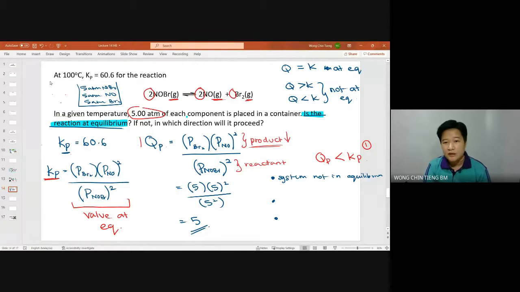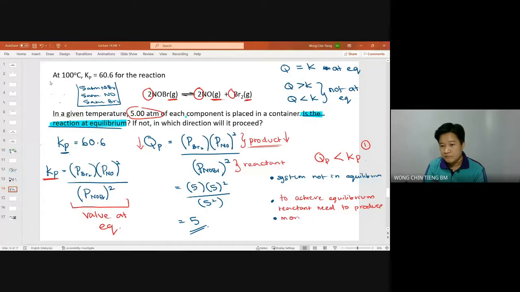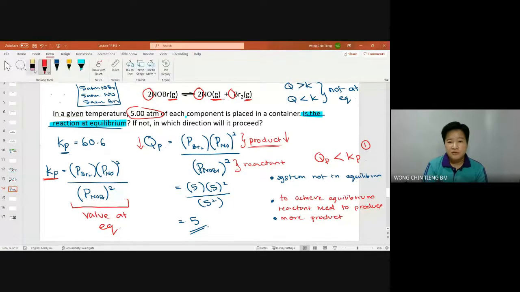So Q kecil, produk sikit. So bila produk sikit, tulis apa yang kamu cakap. To achieve equilibrium. Alright. Reactant need to produce more product. Okay. Kenapa ayat ni saya boleh dapat terus?